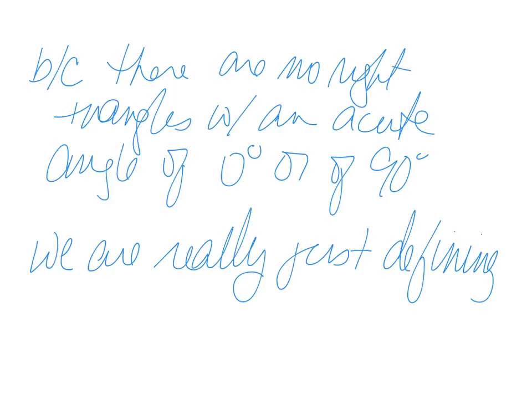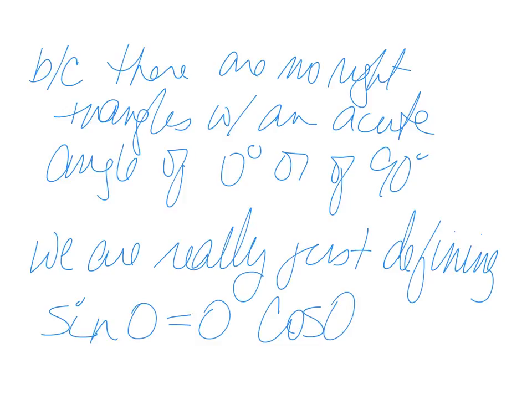We're really just defining that sine of 0 equals 0 and cosine of 0 equals 1. That's it. Pretty cool. I forgot to add that we're also defining that sine of 90 degrees equals 1 and cosine of 90 degrees equals 0. We have to do all 4 of them, okay?